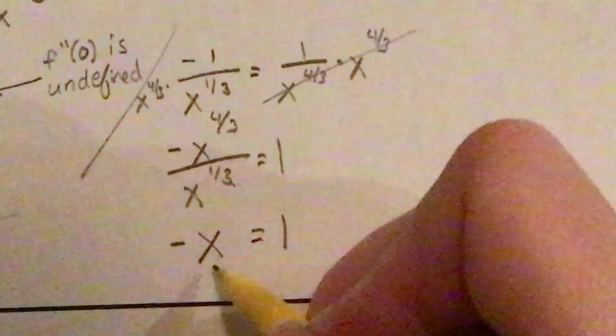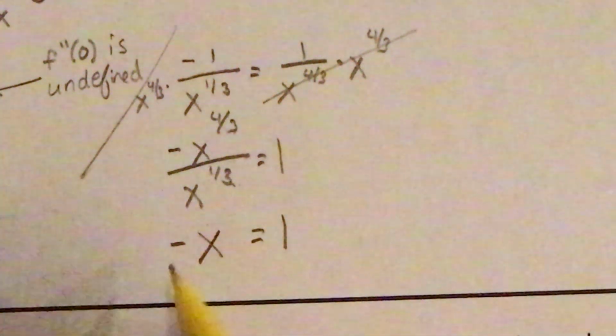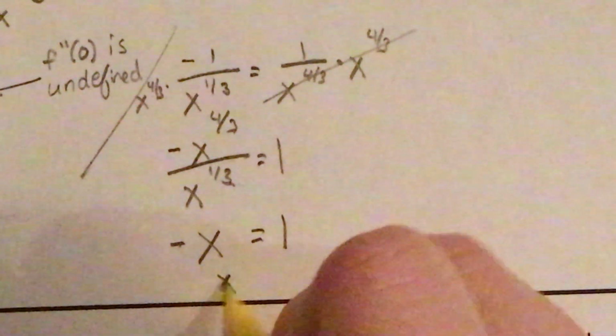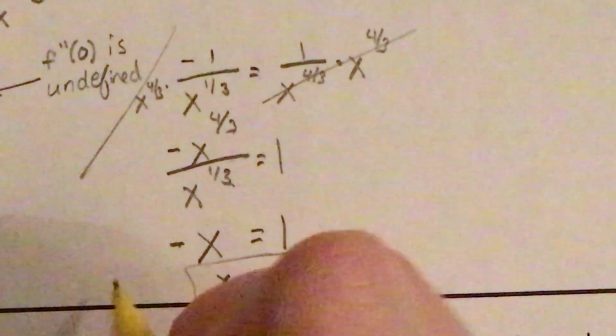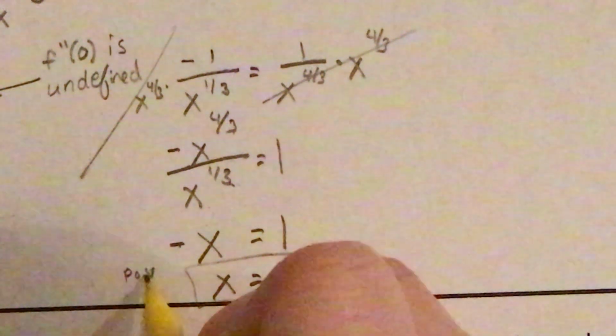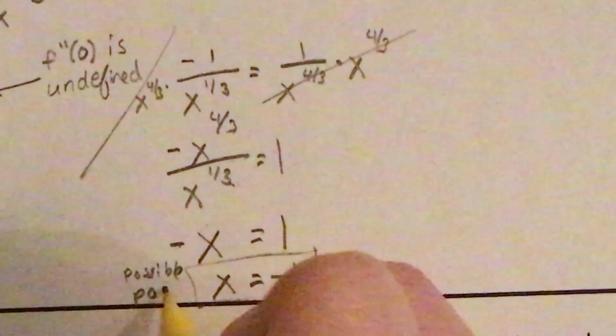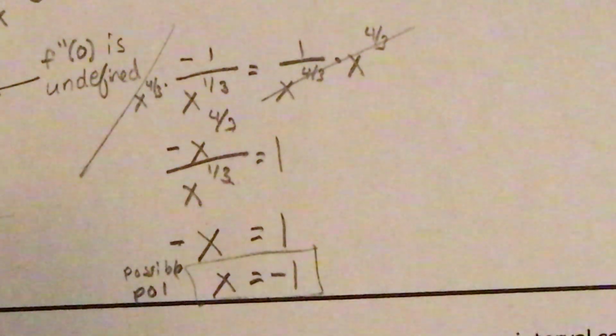X to the first is the same thing as x. Dividing both sides by -1 is x equals -1. Woo! So this guy is a possible point of inflection. POI.